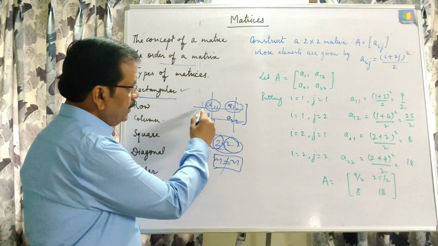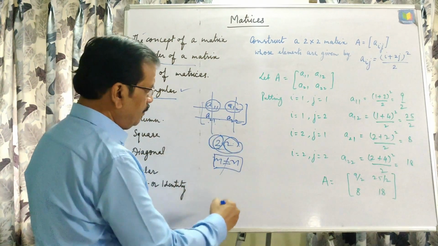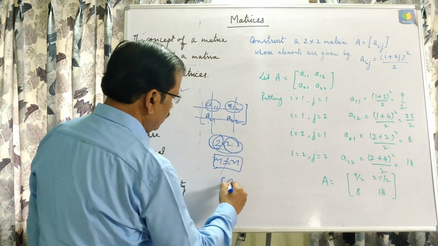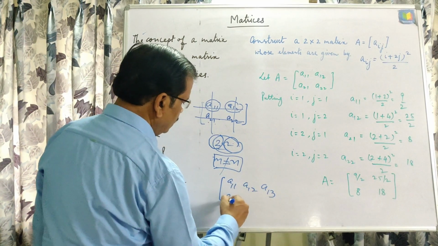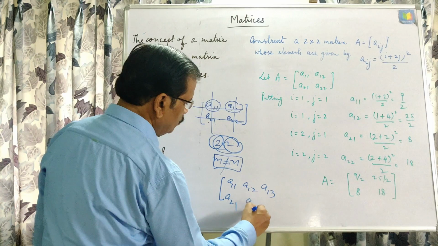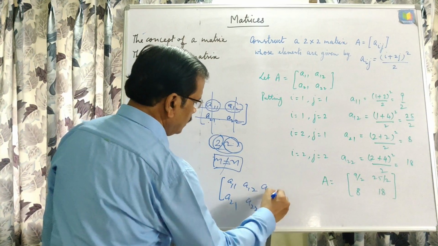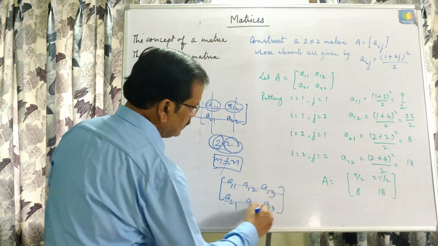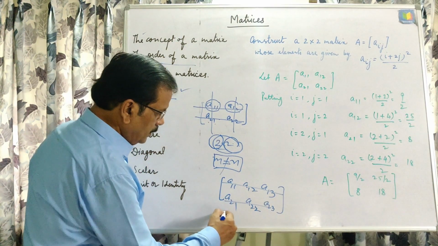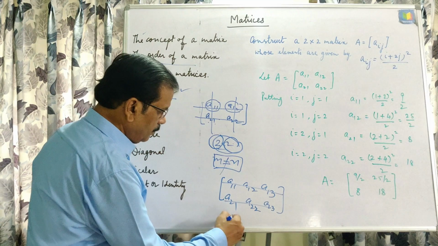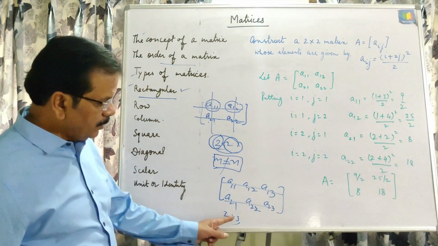Okay, and in this you can see this is a square matrix. But in place of this, if A11, A12, A13, A21, A22, A23, this is a rectangular matrix, because the number of rows is 2 and the number of columns is 3. m is not equal to n.